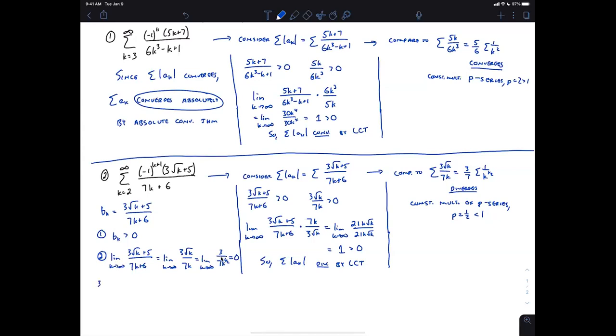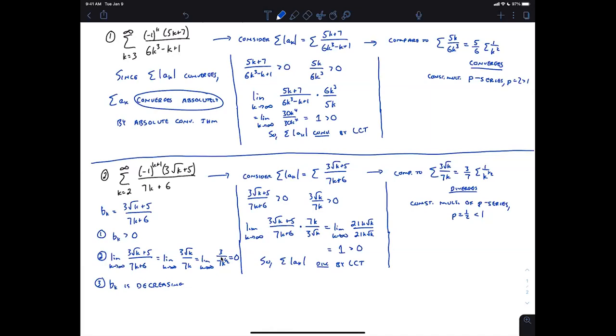And the third thing is that BK is decreasing, and I'm not going to show the details of that here. Yesterday, we showed a couple simple examples of that.